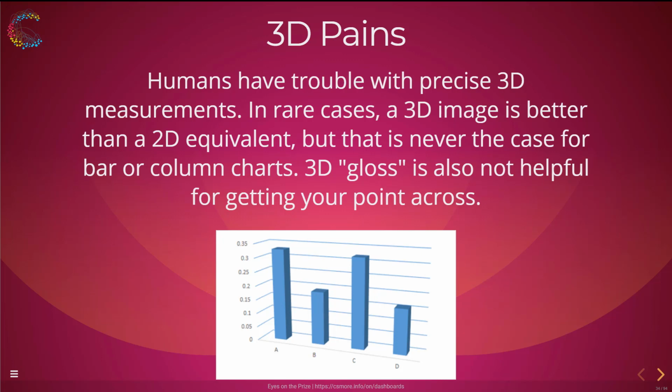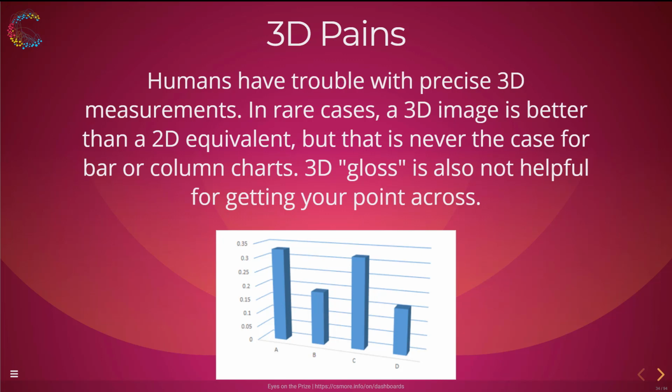Furthermore, 3D adds pain because in Excel, it is really hard to figure out what the actual value of A is. We know that it's probably somewhere between 0.3 and 0.35, but you have to understand the way that Excel works in order to understand what that value is.